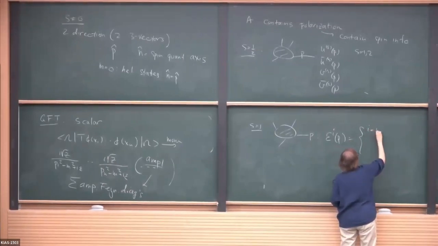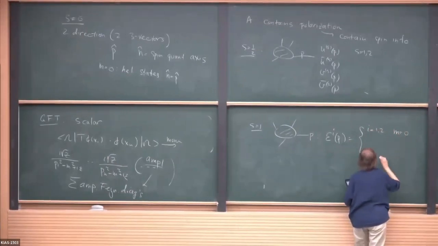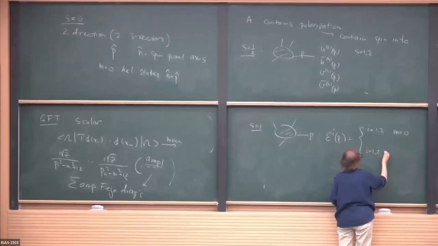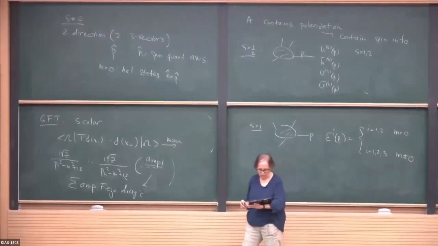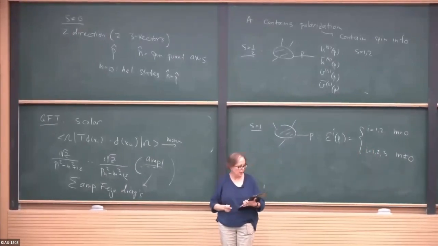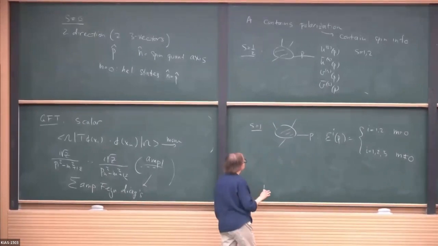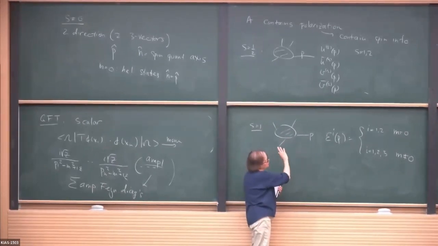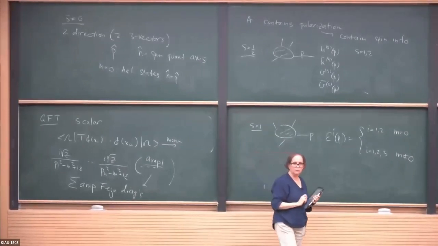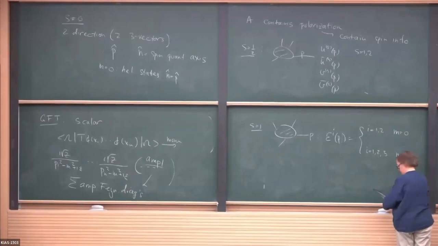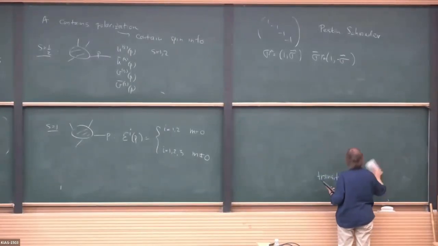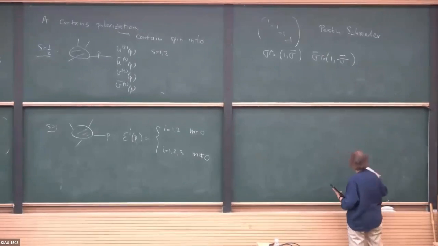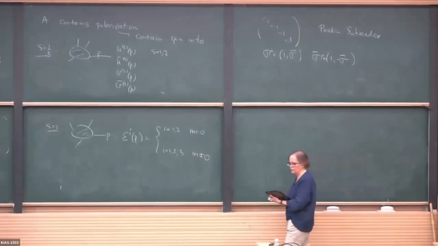This i runs over 1 and 2 for massless particles, and it runs over 1, 2, and 3 for massive particles. So these are things that you know very well. And essentially what we're going to do today is to learn how to write all these things in terms of massless spinors. Okay, so let me remind you what all these polarizations are. And then we can rewrite them all in terms of massless spinors.